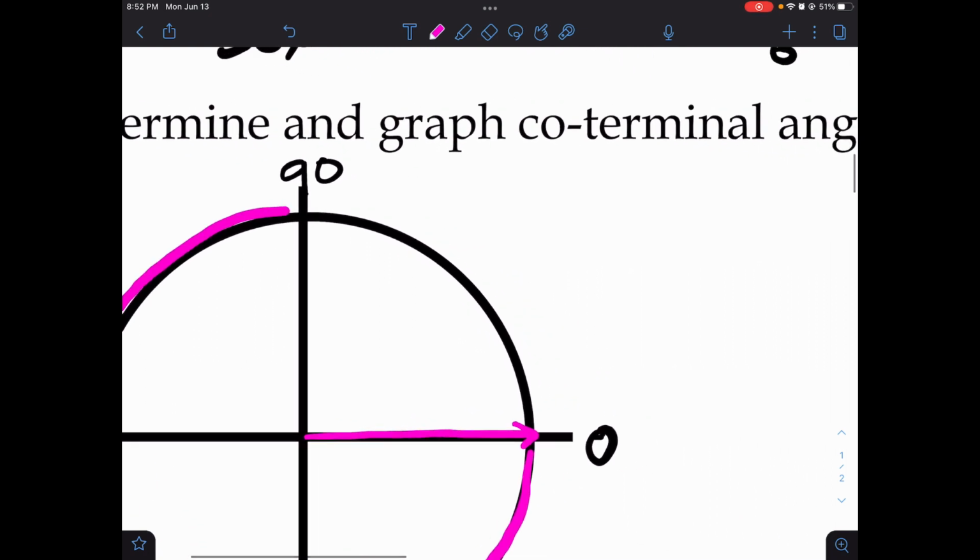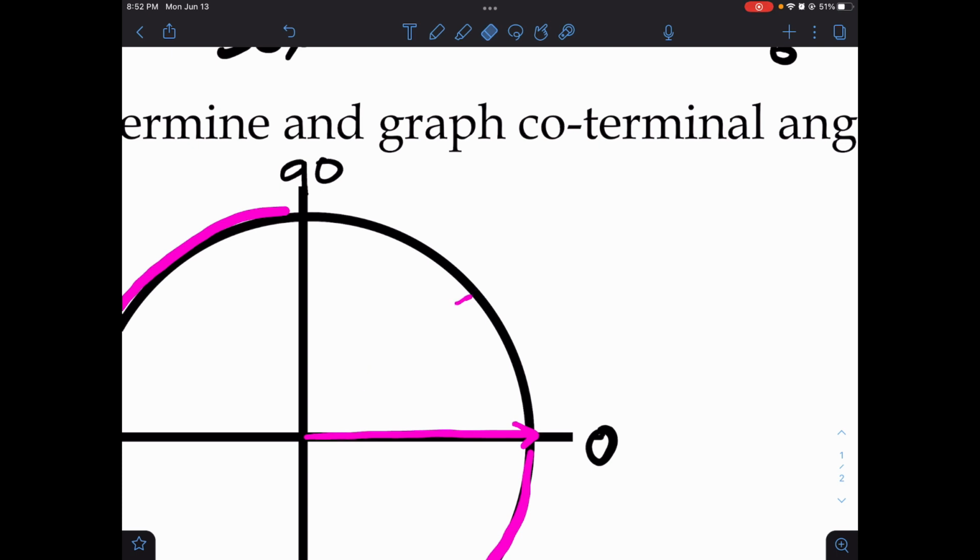And then we have to add 60 more, meaning this will be 45, half will be 45, and then 15 more, so at 30.